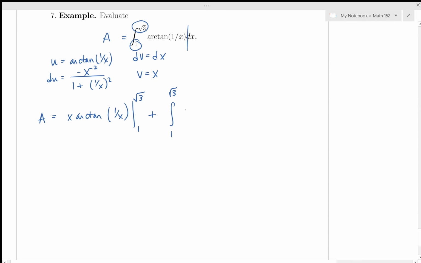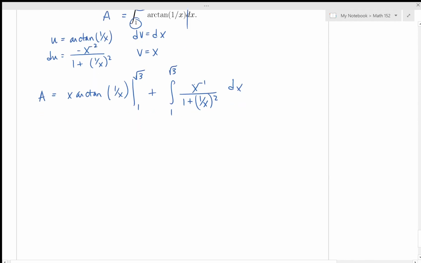That gives me x to the minus 1, and 1 plus 1 over x squared dx. Okay, and keep going here. Then I can do this evaluation.